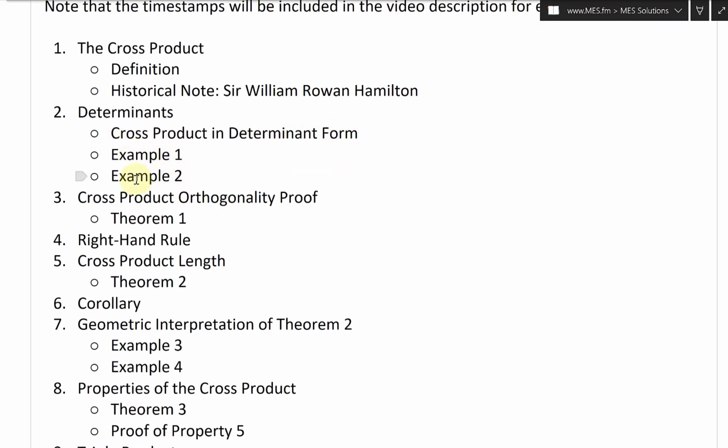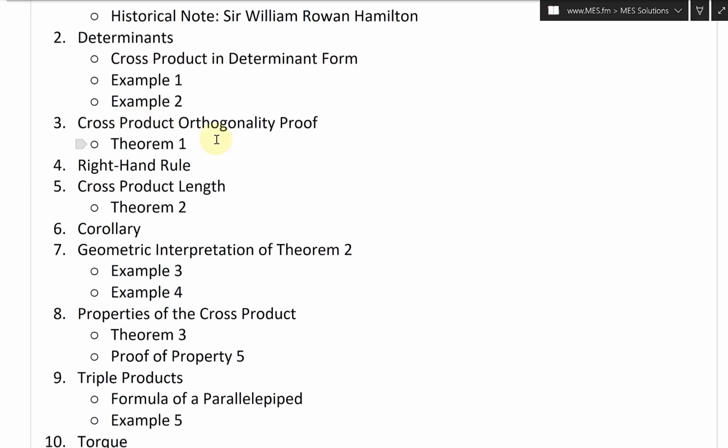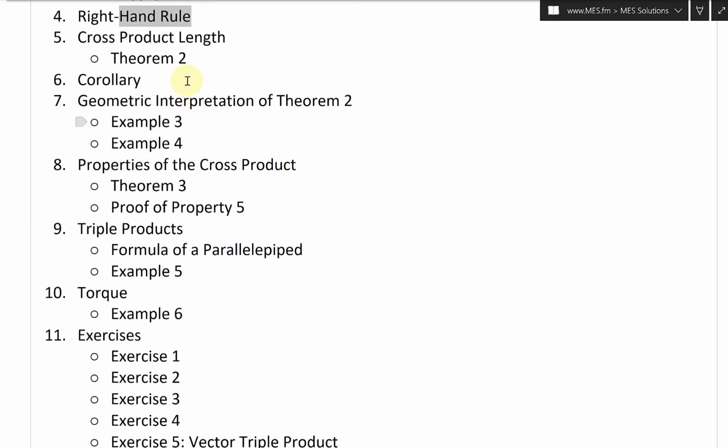We'll go over example 1, example 2, and then the cross product orthogonality, or perpendicular proof. Then theorem 1, the right hand rule, the cross product length rule, and theorem 2. Then the corollary, and the geometric interpretation of theorem 2.